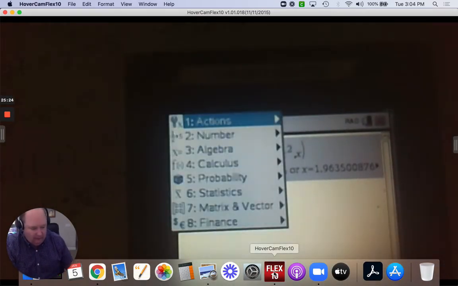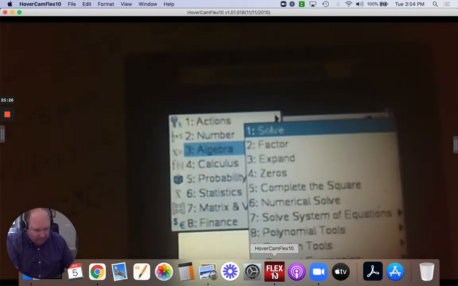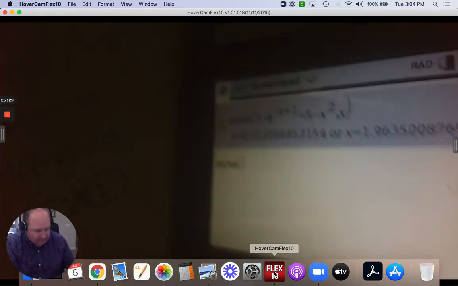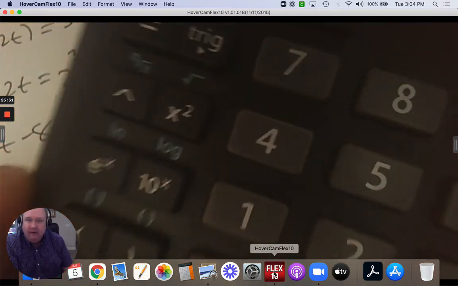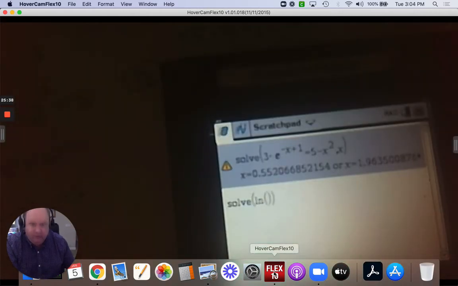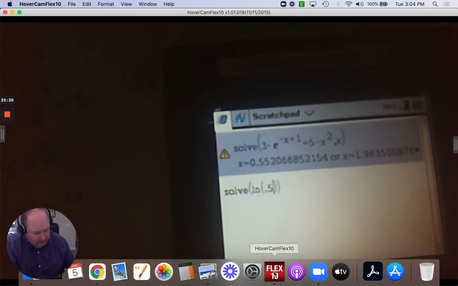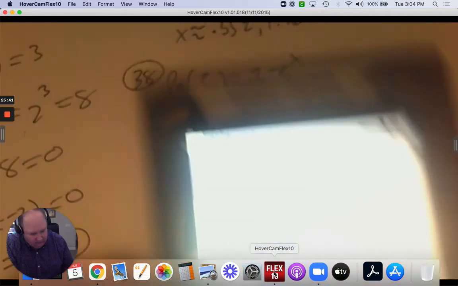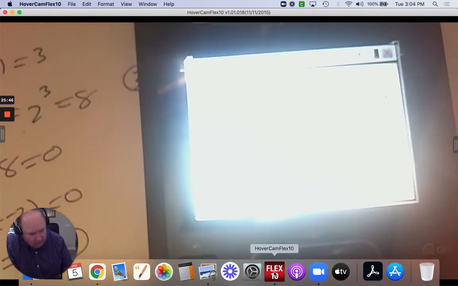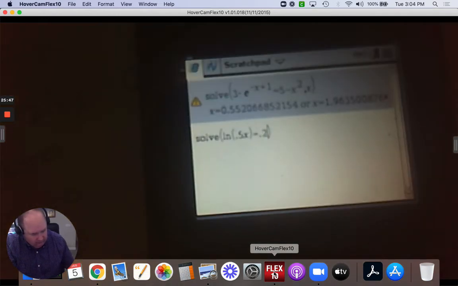So we're going to go menu, algebra, solve. We're going to type in ln. Now ln is right there in blue. So control that. There's ln 0.5x. Move the cursor, equals 0.2. Subtract e to the x.